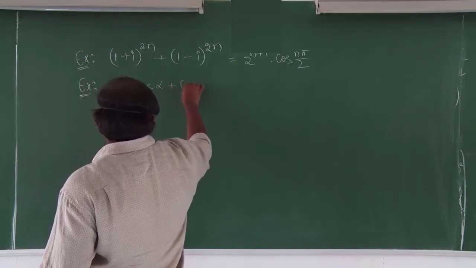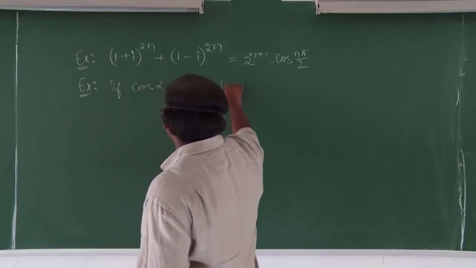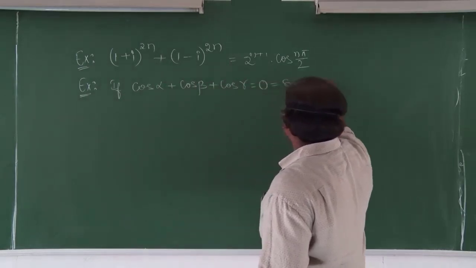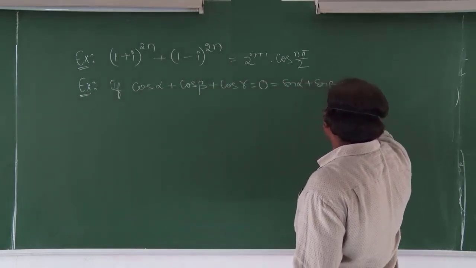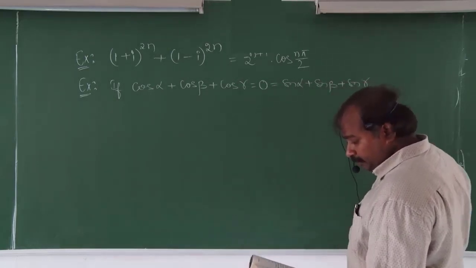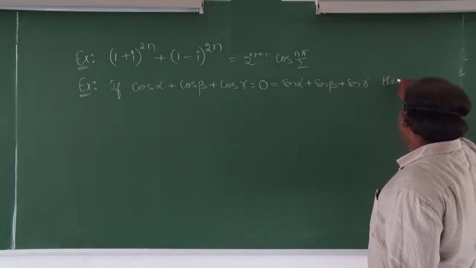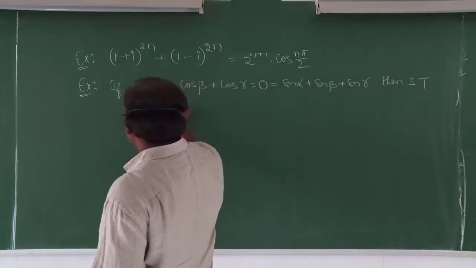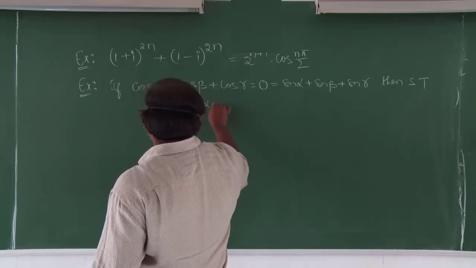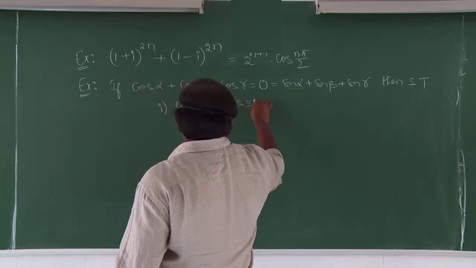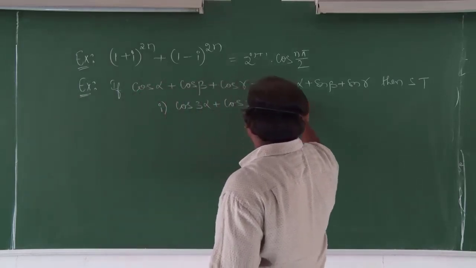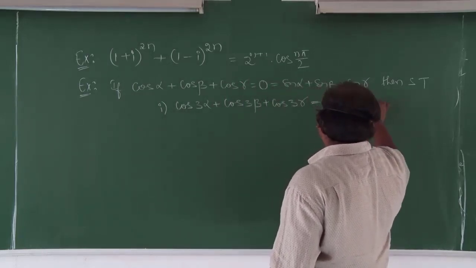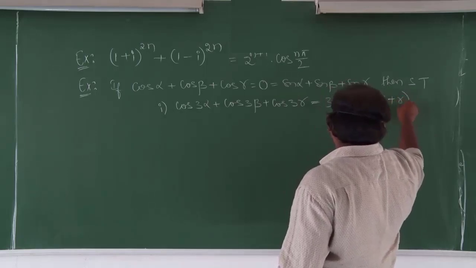Next, one more example, here it is. Given that if cos alpha plus cos beta plus cos gamma equal to 0, which is equal to sin alpha plus sin beta plus sin gamma, then show that, first bit they have given, cos 3 alpha plus cos 3 beta plus cos 3 gamma equals 3 into cos of alpha plus beta plus gamma.